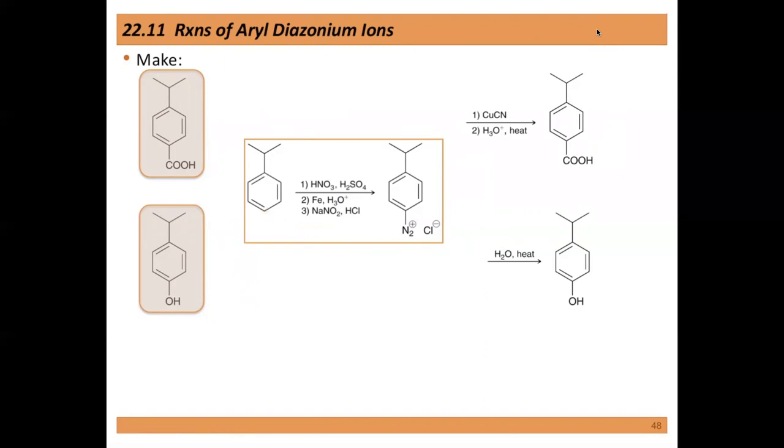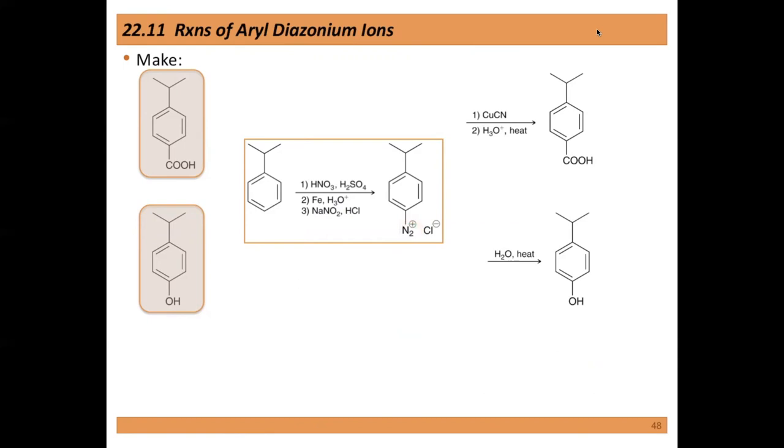And then finally, after we add the third reagent, and you just do this all in one pot, just add HNO3, H2SO4, you'd wait, add some iron and a little bit of water, and wait, and then you'd add NaNO2 and wait, and you'd end up with this diazonium in there.